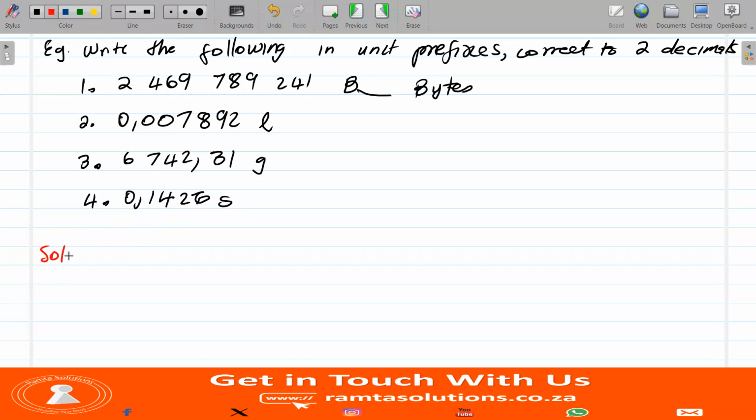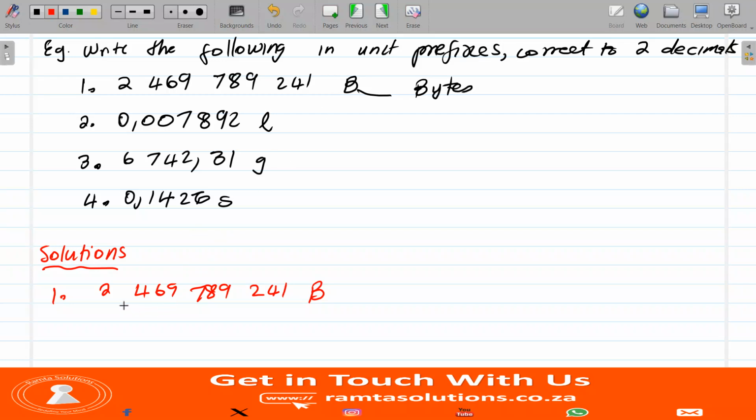Let's get our solutions. Number 1, we have 2469789241. So let's see how many decimal places. 1, 2, 3, 4, 5, 6, 7, 8, 9. So you must look for this.